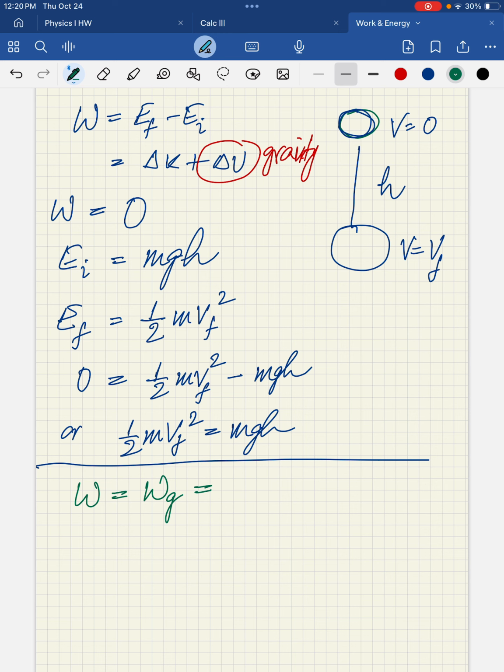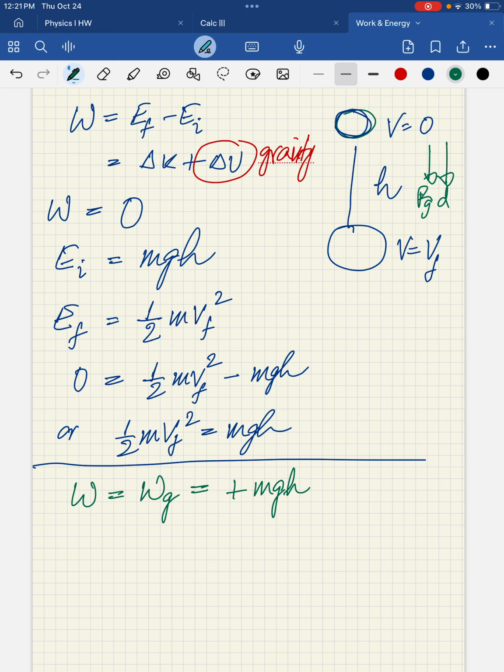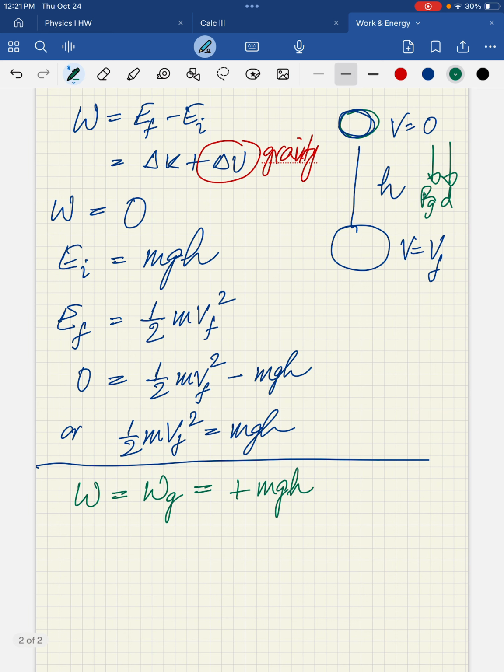Now the displacement and the force, both of them are in the same direction, so it's positive, and the work done is mgh, force times distance. Now EI in this case is 0 because there is no potential energy here.